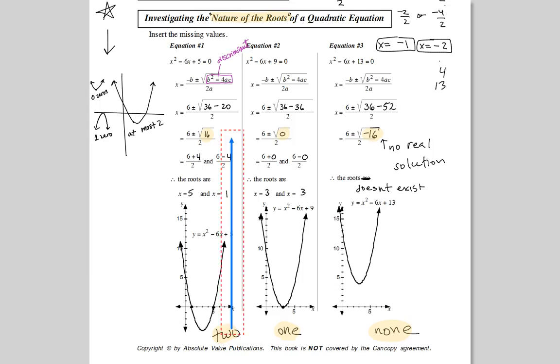If you have two x-intercepts, then your radicand is just a positive number. If you have 1, then the discriminant, the radicand, is 0. That'll always be the case. And then none is if you have a negative radicand.